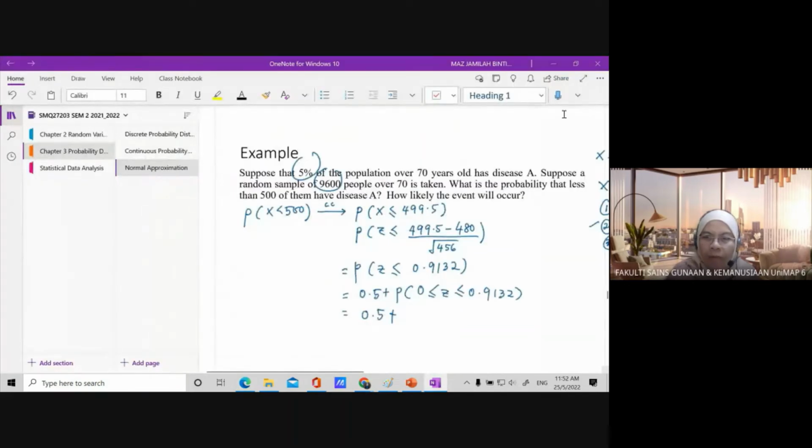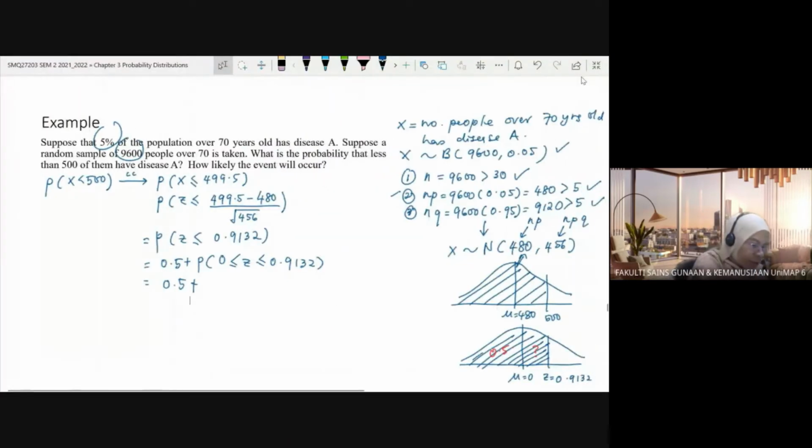Go back to our note. So this will be 0.5 plus 0.3186, and you will get the probability value equal to 0.8186. Then you know that the probability of X less than 500 is given by 0.8186.